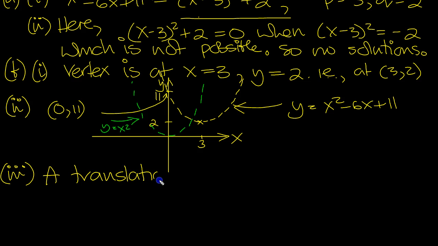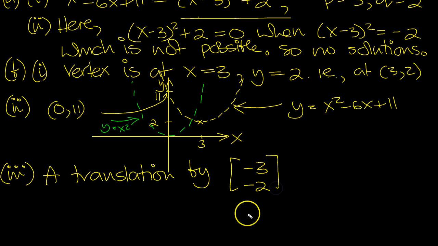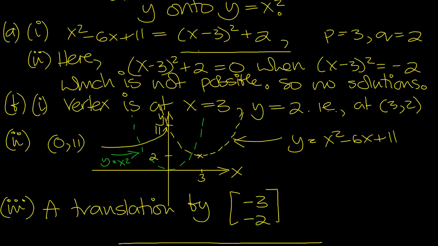This thing needs to move to here, doesn't it? So we're going to move it back 3 that way, and then down 2. So back 3 and down 2. So that's the translation vector or matrix.